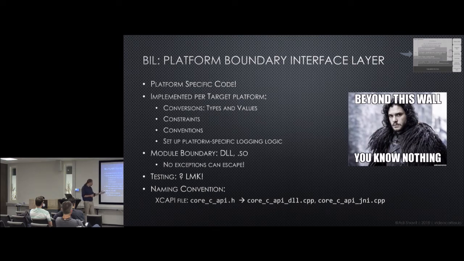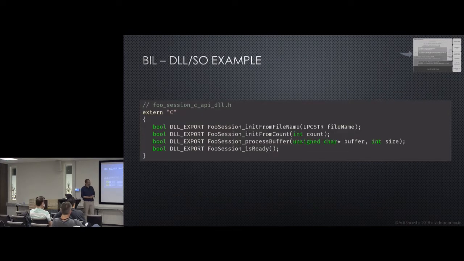And yeah, naming is pretty obvious and trivial. Let's see some examples. I'm going to use the same example I used before. We want to expose our foo session functions for a Windows DLL or Linux shared object file. In this case, most of the code here comes from the platform. So we might have some kind of define called DLL Export, which is set to DLL import or export. I actually have CMake generate this stuff for me.